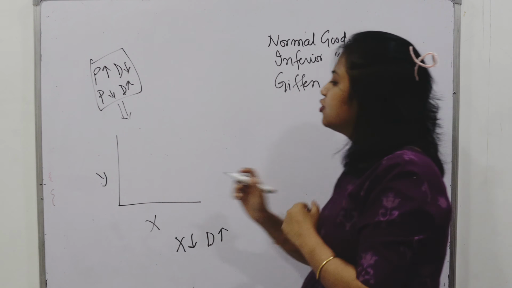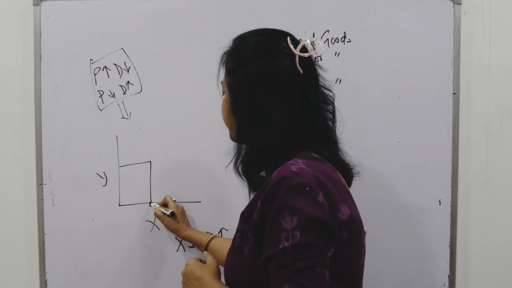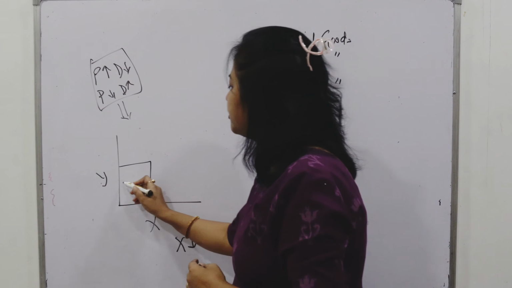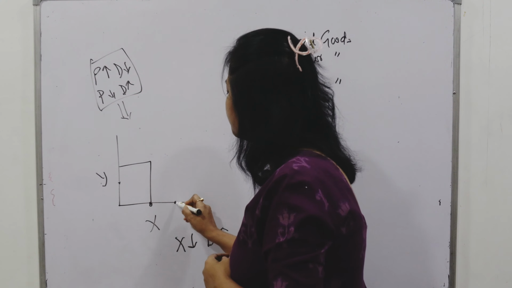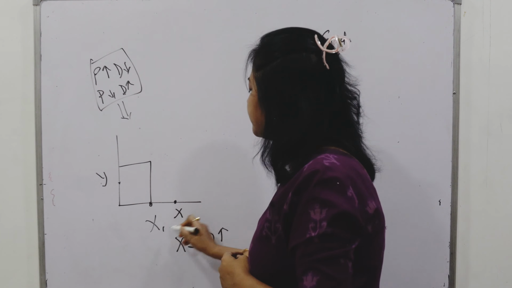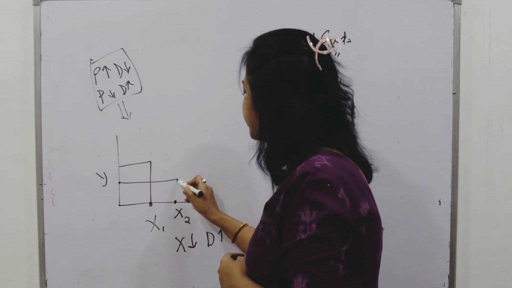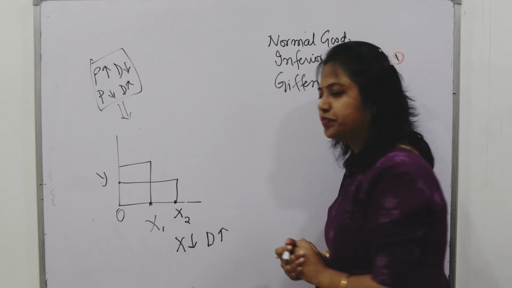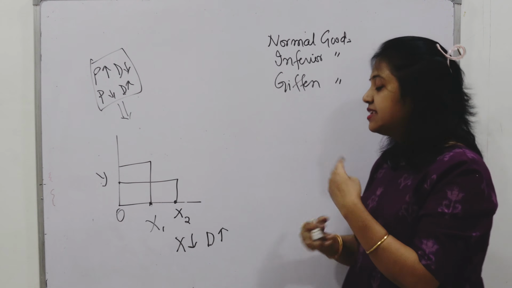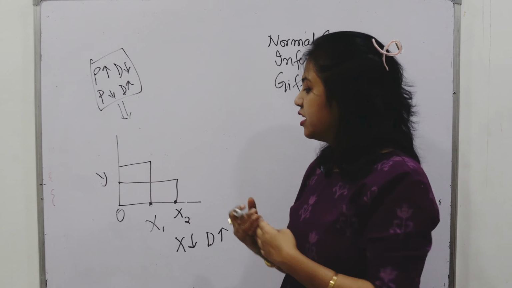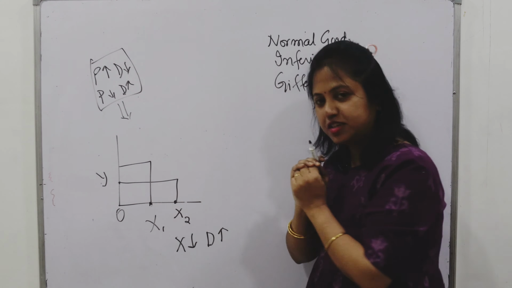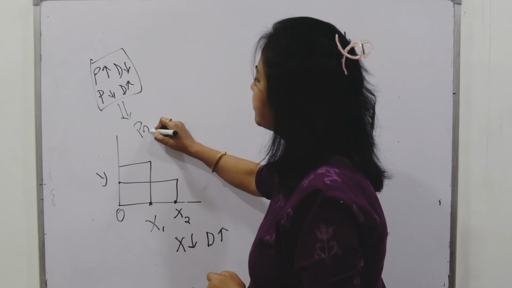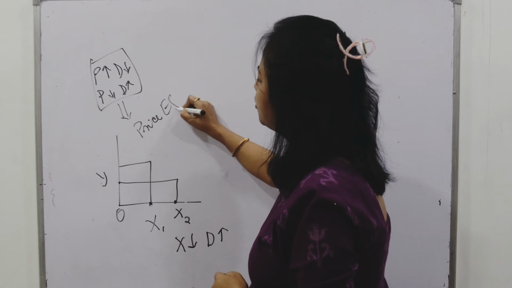So suppose this was the quantity of X that we were consuming, but since the price has reduced, we are going to consume some more because X has become cheaper, so we will increase the consumption from OX1 to OX2. This increase in the quantity demanded of a commodity because of the fall in price is known as price effect. The second thing is understood.